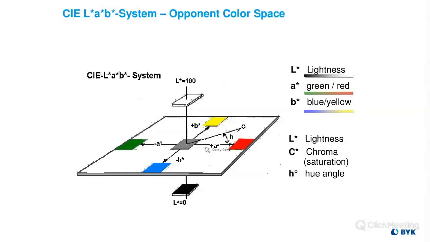So you start at positive A. Positive A is a hue angle of 0 degrees. So 0 degrees means a red color. And as you go counterclockwise from there, that angle goes up. So the yellow axis, the positive B axis, is 90 degrees. The negative A axis is 180 degrees, and negative B is 270. And so we can describe the hue as an angle in this sort of AB plane.